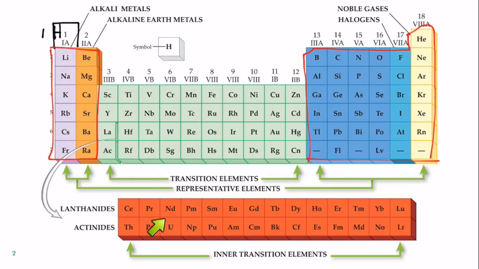These guys we don't refer to very much. These are called the inner transition elements. They really belong in here. Now on the wall, we have a periodic table that's arranged the way it really should be arranged, where these inner transition elements are actually inserted here.